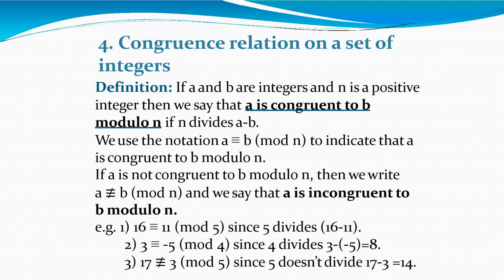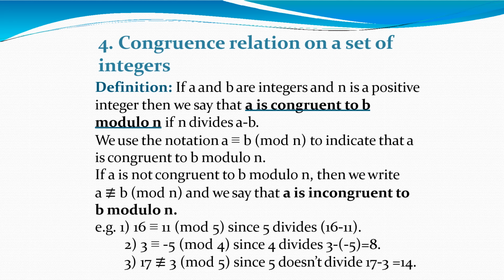Now, the next is congruence relation on a set of integers. If a and b are integers and n is a positive integer, then we say that a is congruent to b modulo n if n divides a minus b. See, a and b are any integer, so it may be positive, negative or 0 also. And n is a positive integer, that means n is a natural number.